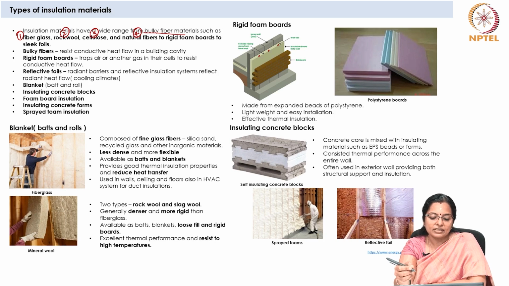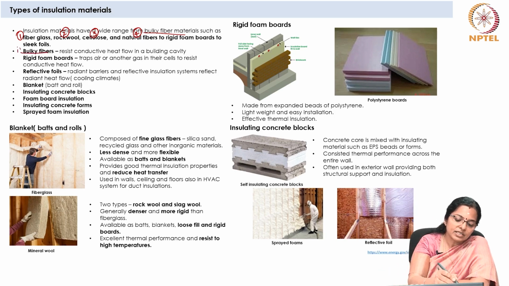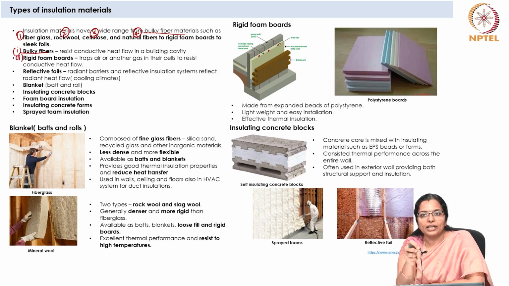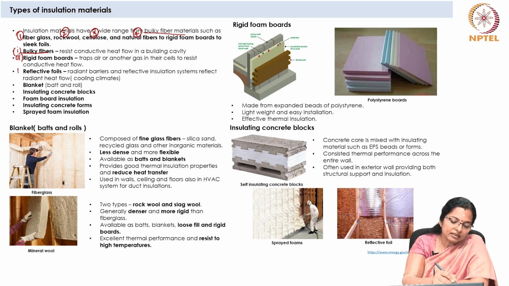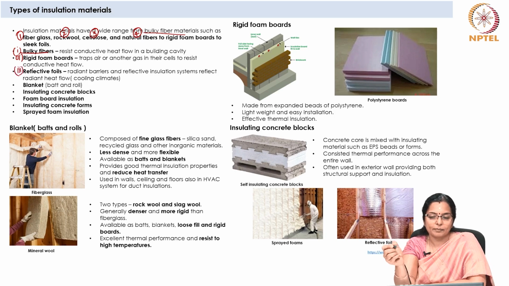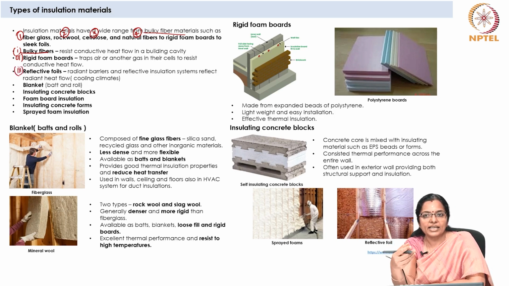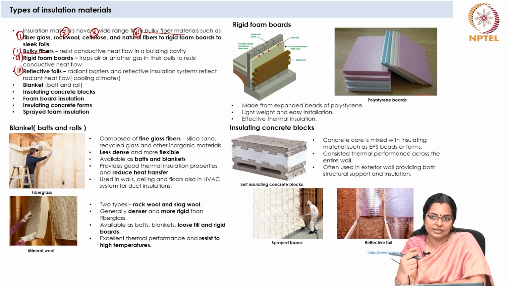The bulky fibers resist conductive heat flow in a building's cavity, whereas rigid foam boards trap the air or any other gas in their cells to resist conductive heat flow. Third is reflective coils. So these are radiant barriers and reflective insulation systems. They reflect radiant heat flow, especially in the cool climates.